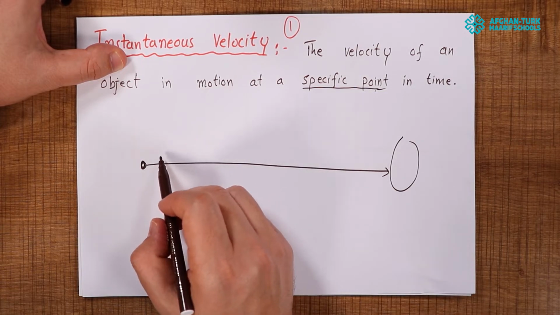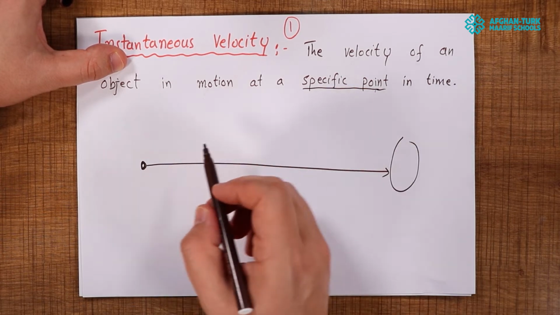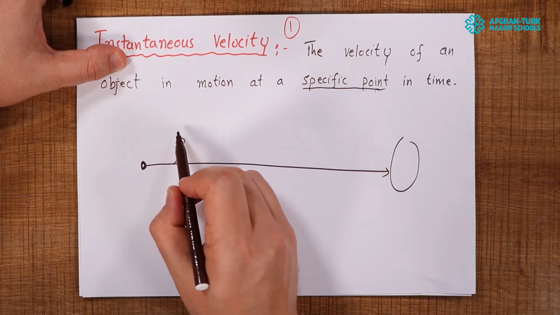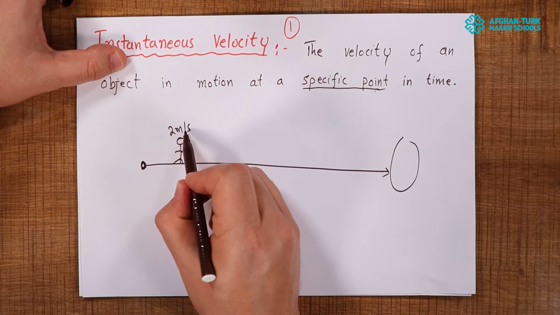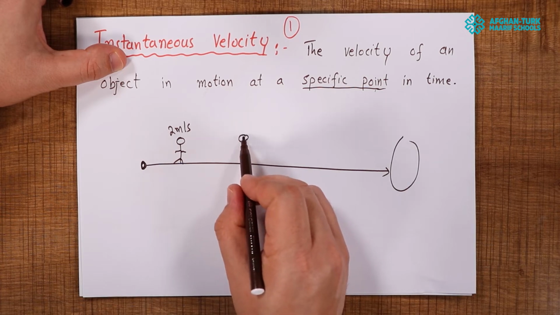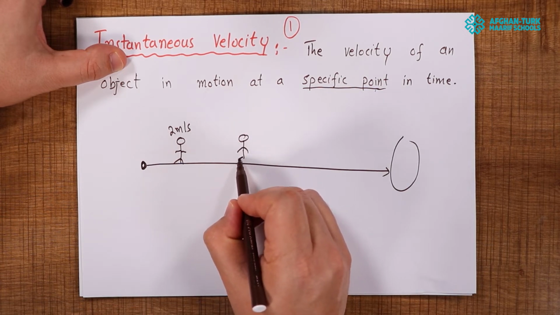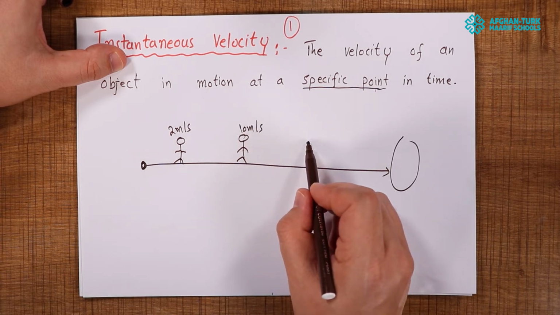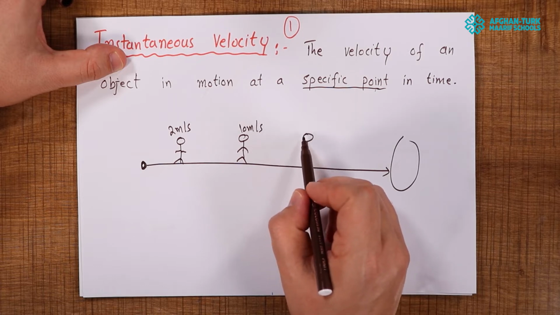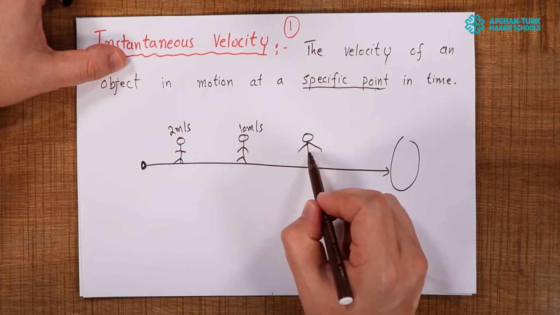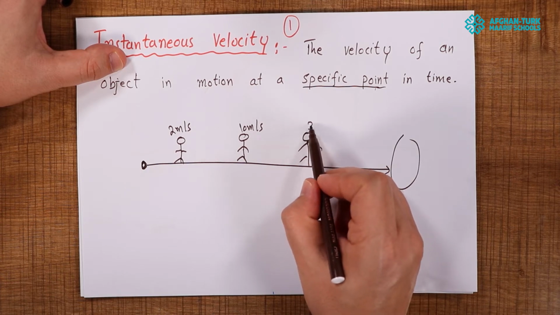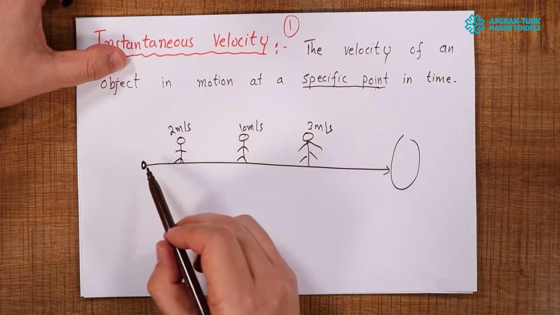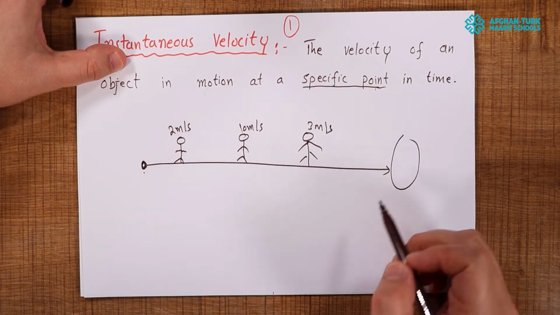If walking, not by car, at some point, let's suppose at the starting point, my speed is 2 meter per second. After some time, my speed is faster, let's suppose 10 meter per second. And after some time, again my speed is, let's suppose, 3 meter per second.